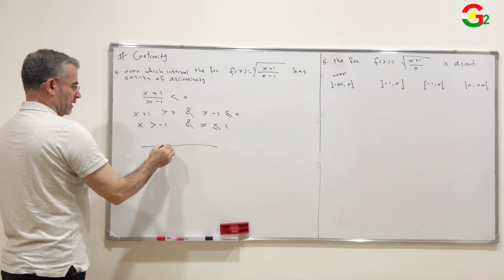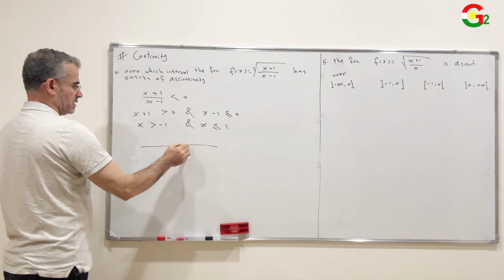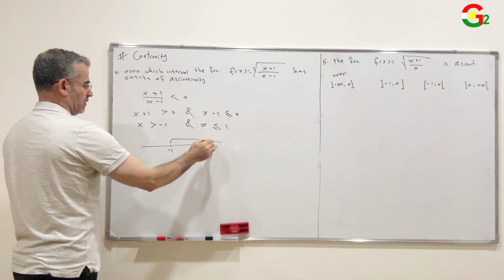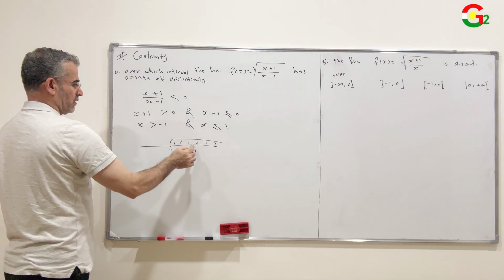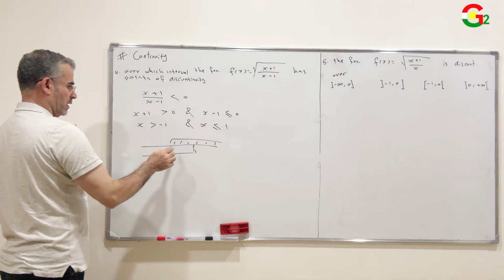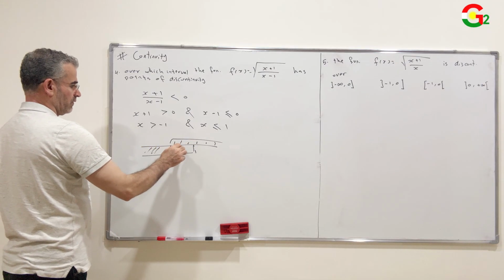x > -1 means that this is -1, this is 1, so it means -1 to infinity. x ≤ 1 means -infinity to 1.